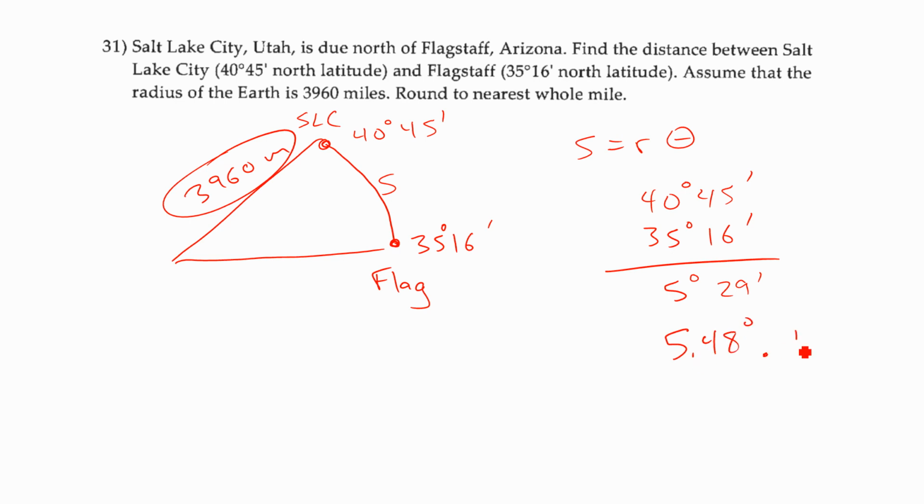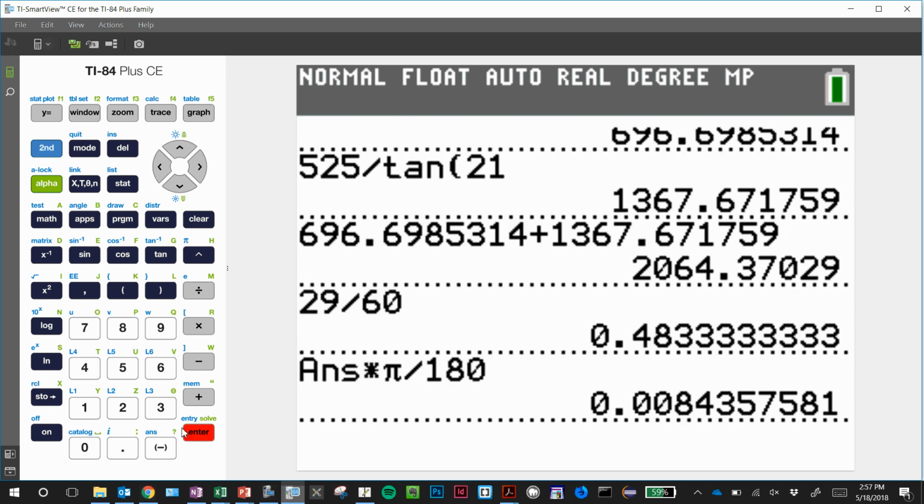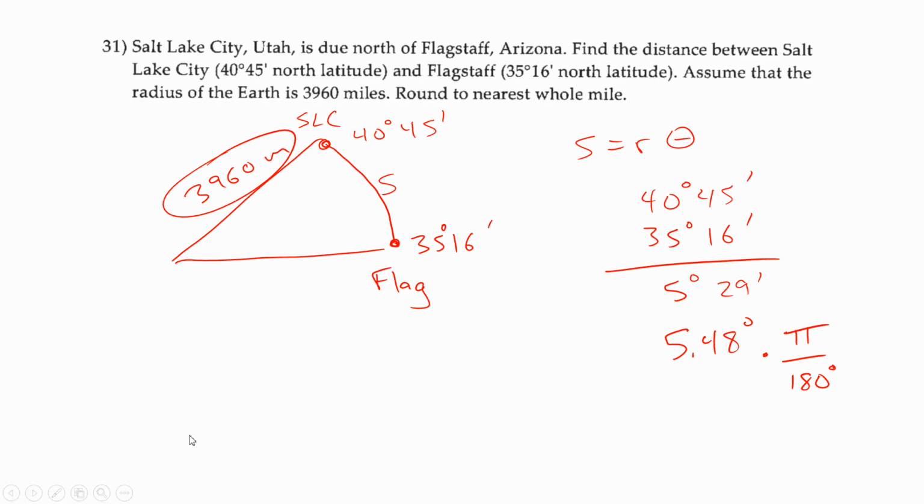And of course, we need this to be in radians. So we're going to times this by pi and divide by 180. And so we have 0.096 radians.